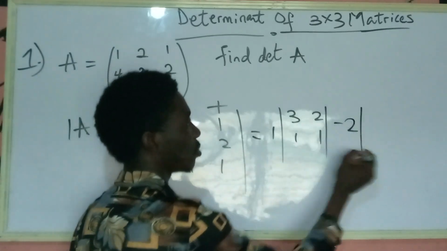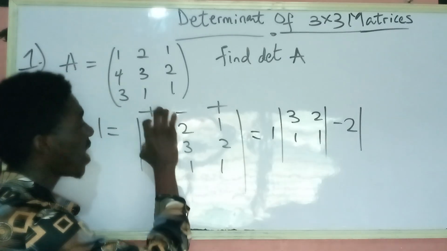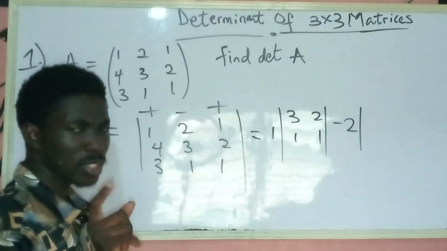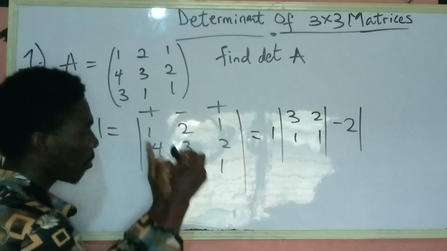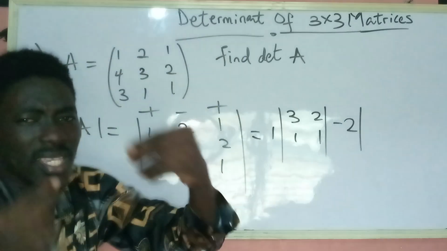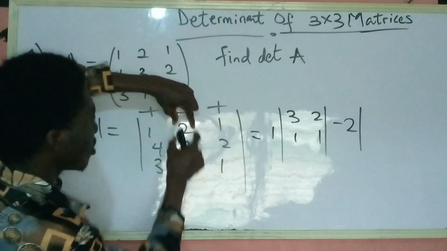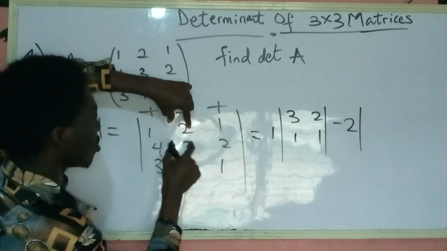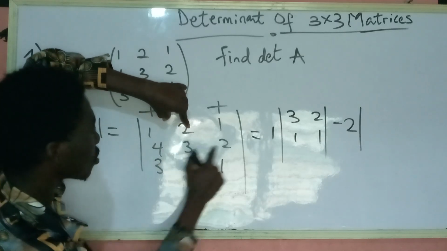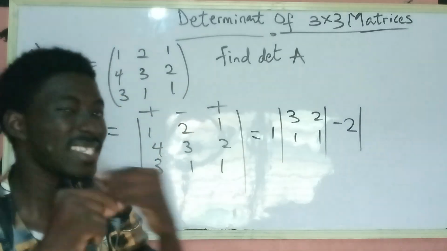Next one is minus 2. Now the minus 2, this 2 occupies this column and this row. So now what we do is we take numbers that are not in the column of this number and in the row of this number. So the numbers that are left are 4 2 3 1, and mind you, that's in the same order.